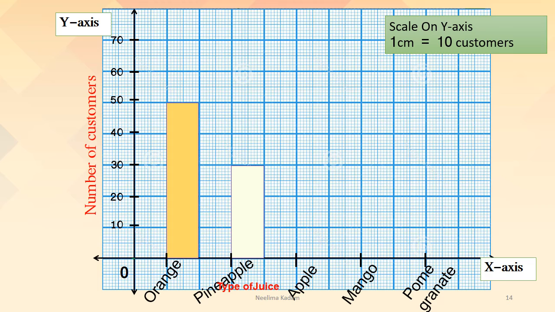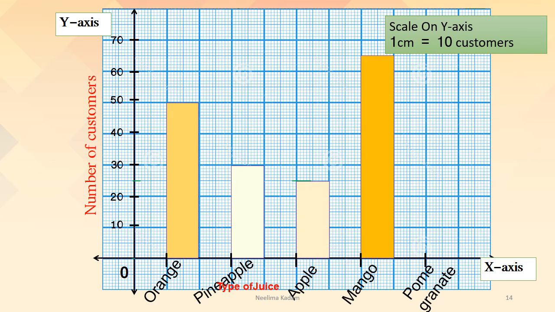So this is 20 and 25 will be here. So this is apple juice, that is 25. Next, mango, it is 65. So 6.5 centimeters. See here, this is 6.5. Pomegranate, 10.